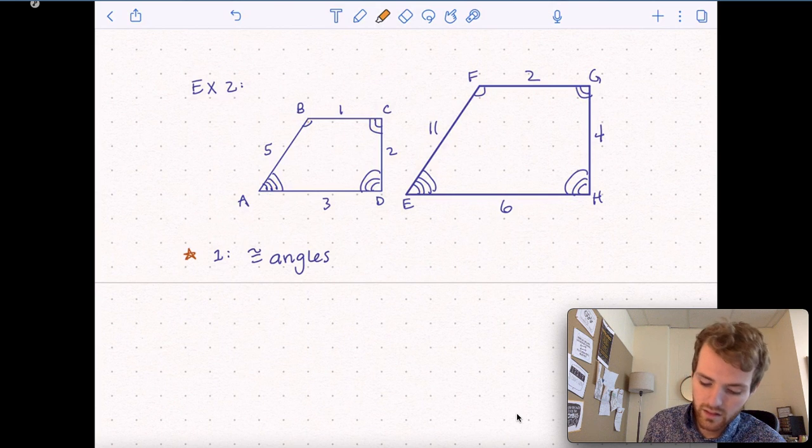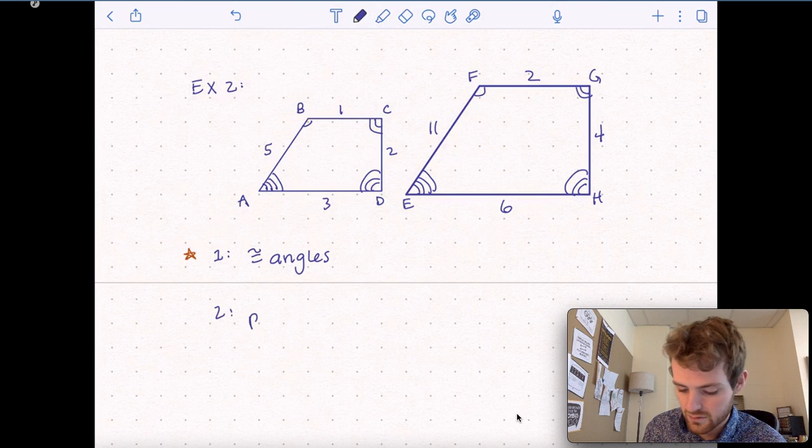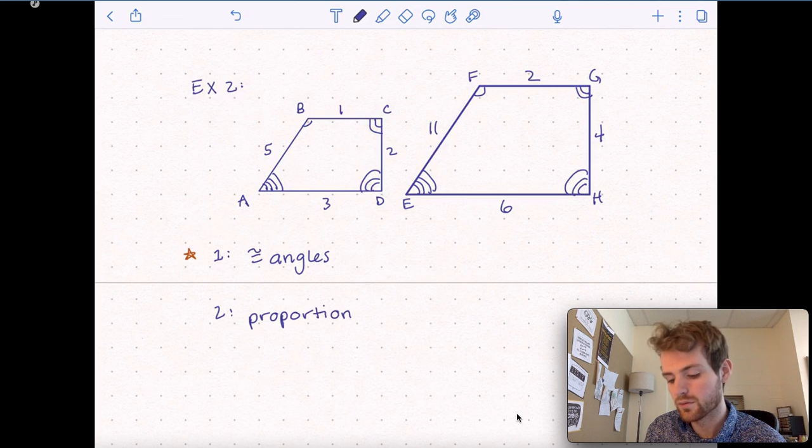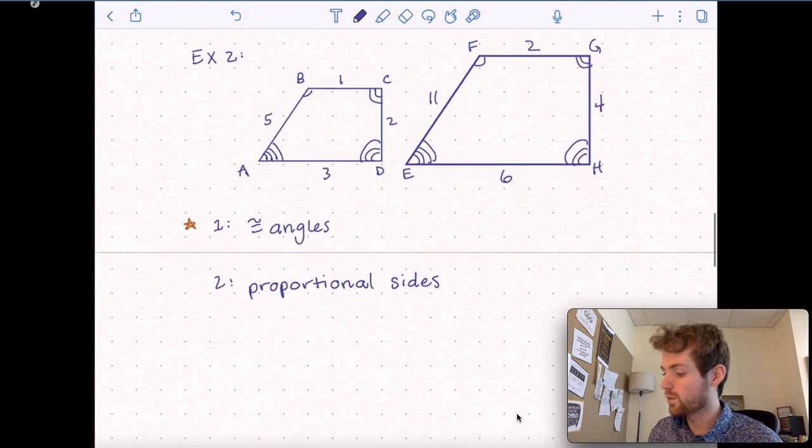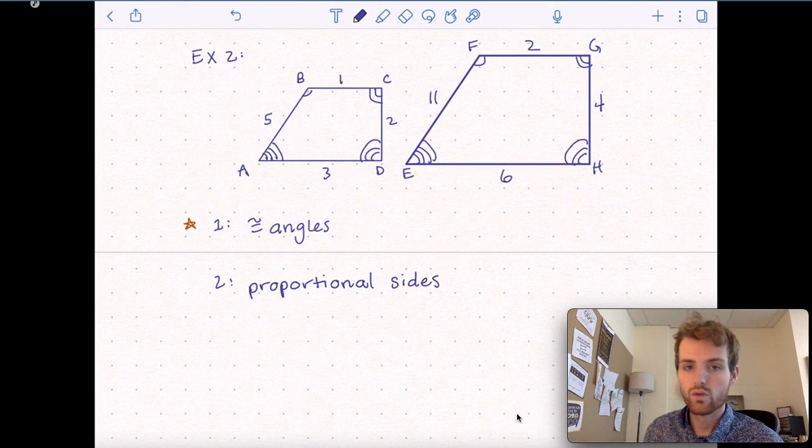The thing that we want to be careful with is proportional sides. I have to be very careful every time I spell proportional. Here, for proportional sides, we're still going to be setting up our fractions.